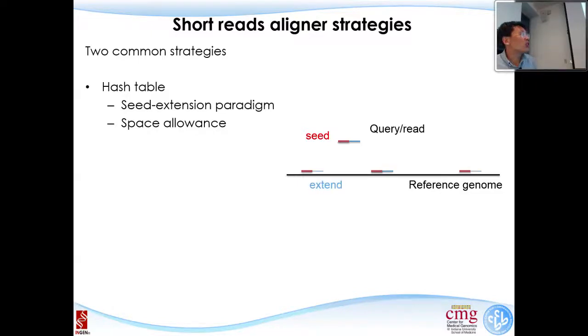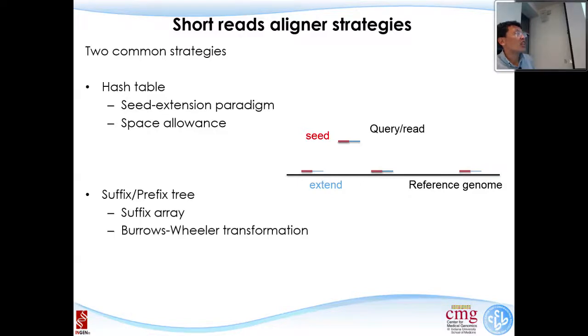Then I further extend this to see which one matches the best. In this case, probably this one matched the best. So that is a very simple strategy. It's called the seed extension paradigm. And that is the first strategy.